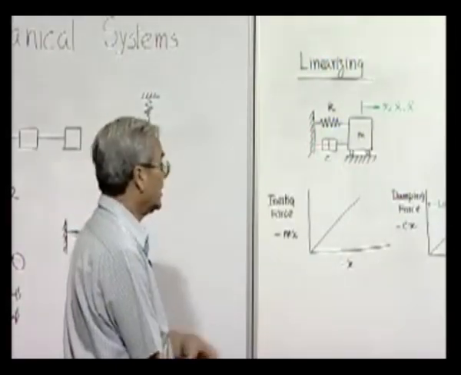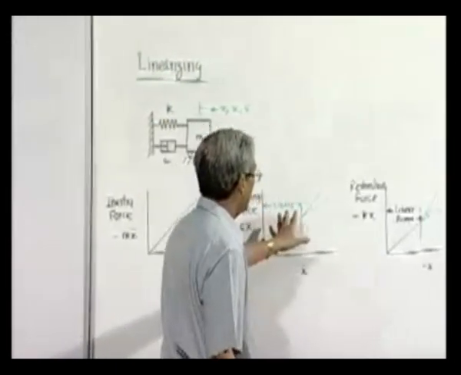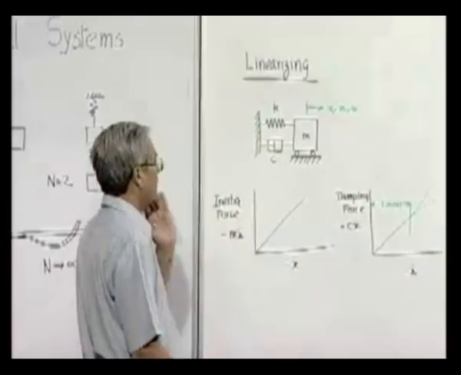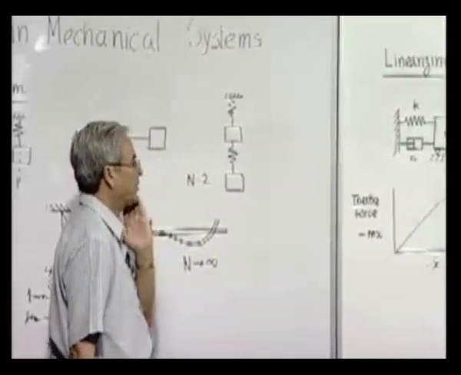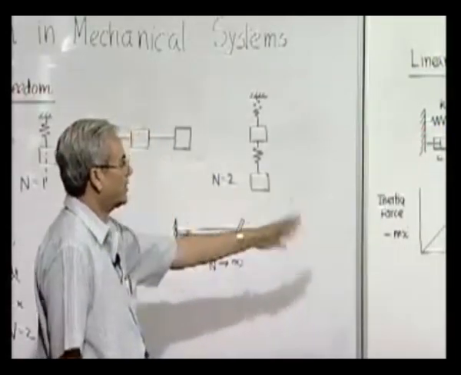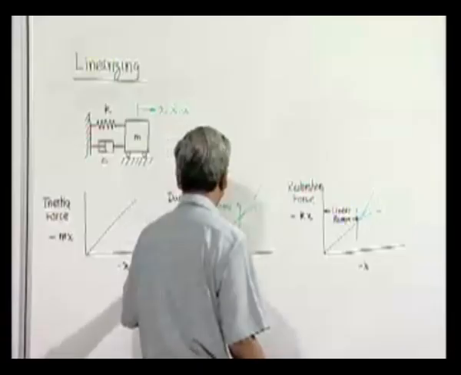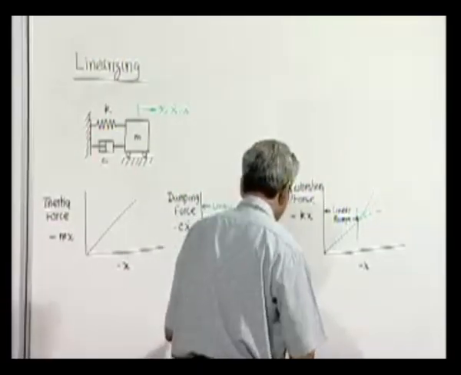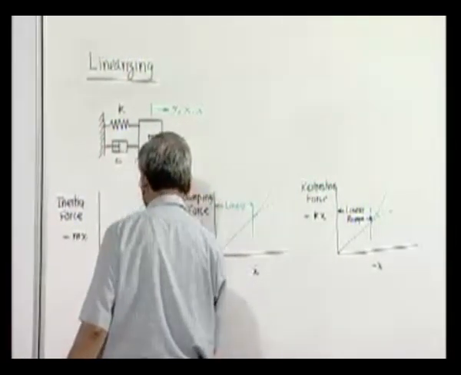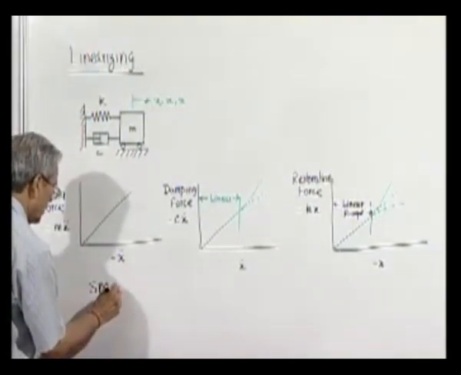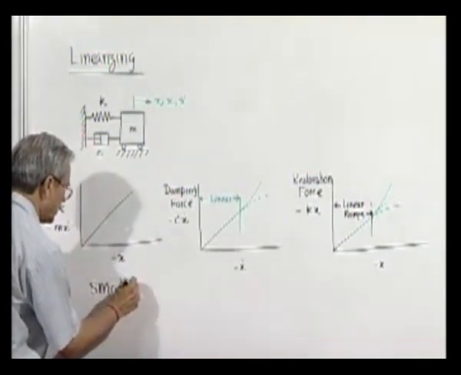But in reality, none of them is exactly a straight line relationship. But if we don't want to make our problem absolutely difficult, we can treat all of this as linear. That means we consider that we are operating only in the linear range. And that is normally the case if we restrict ourselves to the solution of small vibration.